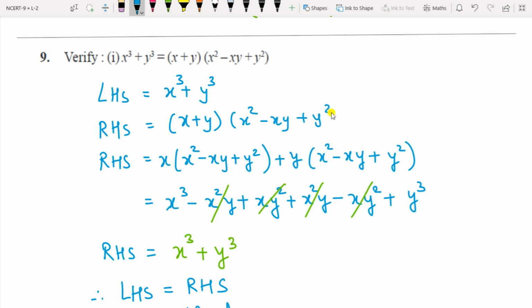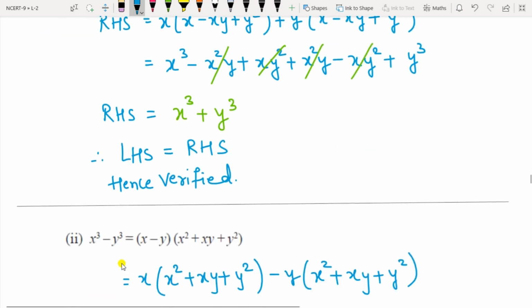Now what you have to do, multiply this first term with the whole bracket here, then with the second term along with sign and the whole second bracket again, and multiply this x inside to each of the terms and this y inside to each of the terms of the bracket. So like terms with opposite sign will get cancelled, and what is remaining is x cube plus y cube. So that is your LHS. So LHS equal to RHS, hence it is verified.